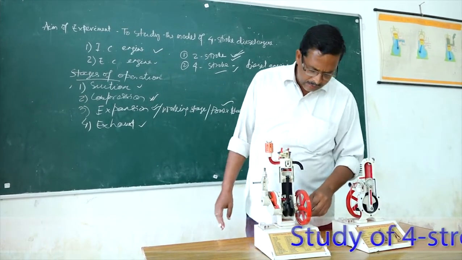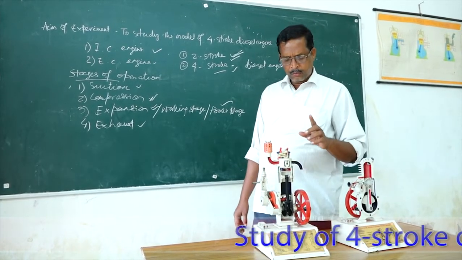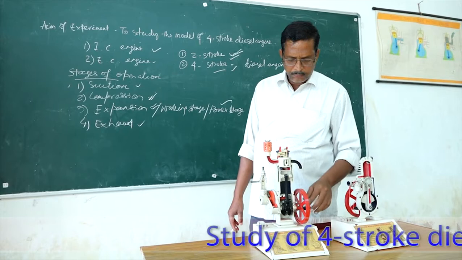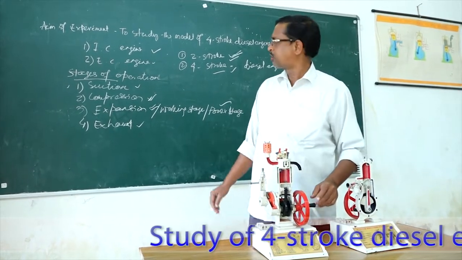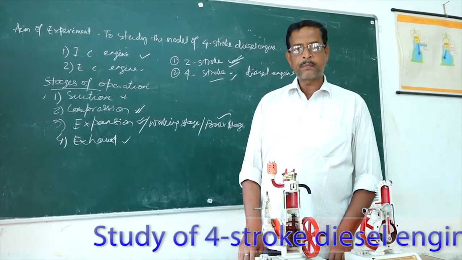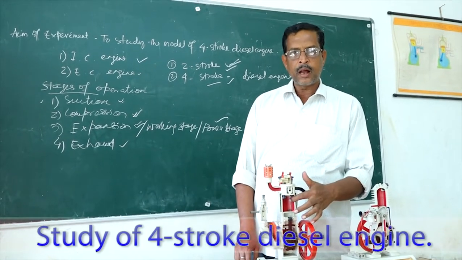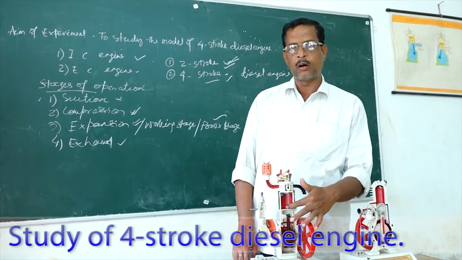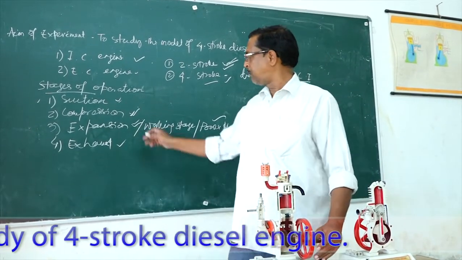At the starting of the engine, the piston moves from top to bottom during the first stage, that is suction. During the suction stage, fresh atmospheric air enters into the engine cylinder, and it is the first stage of the operation. The second stage is compression.